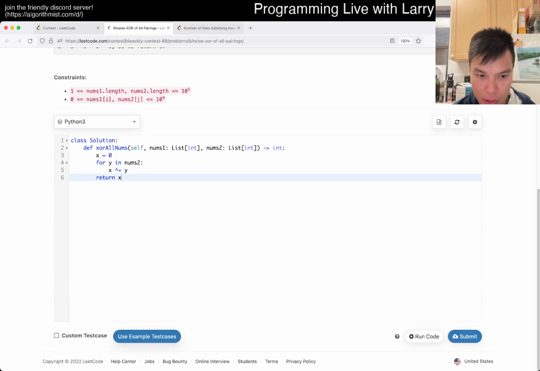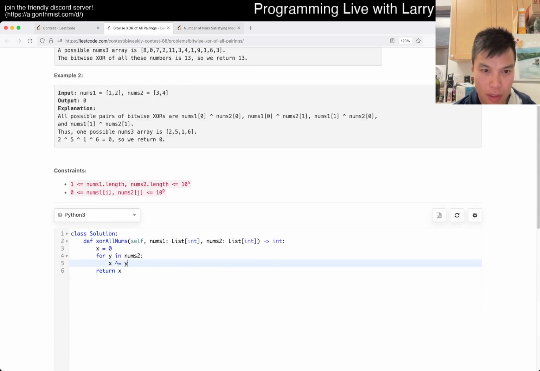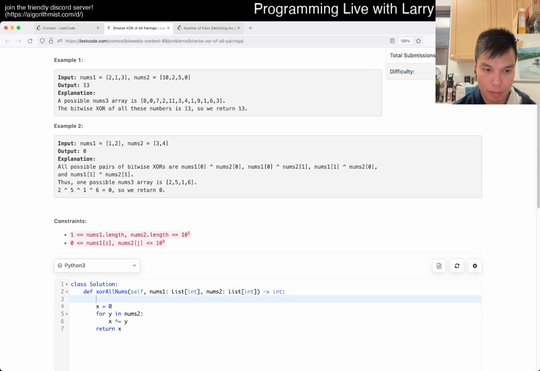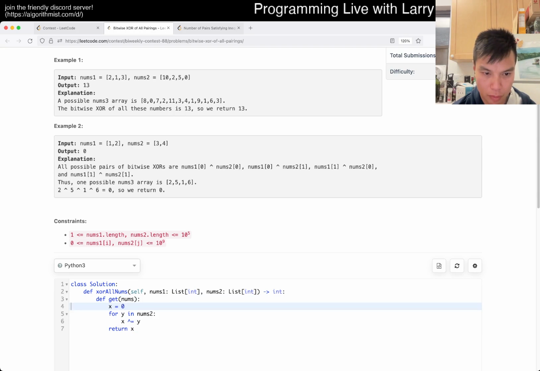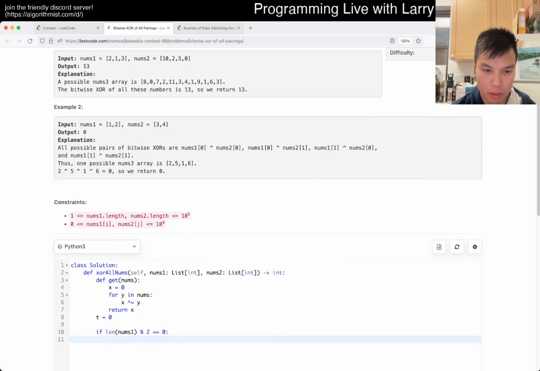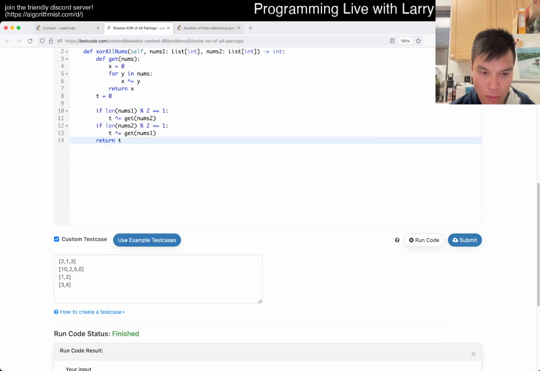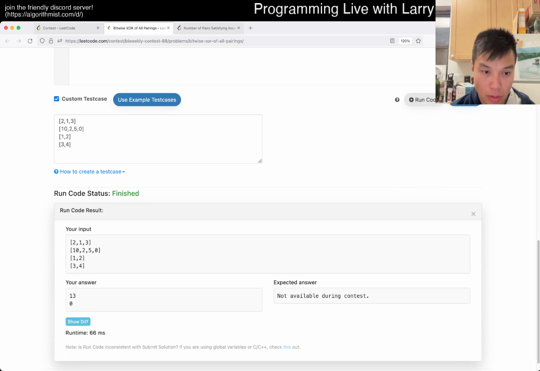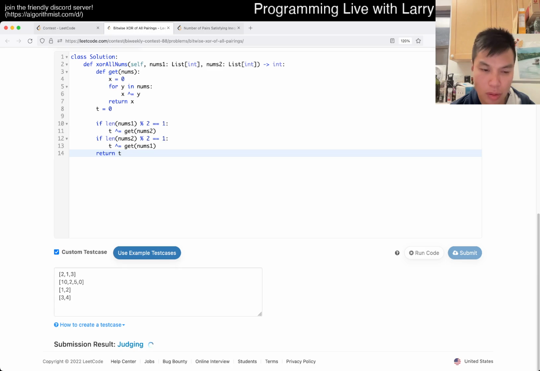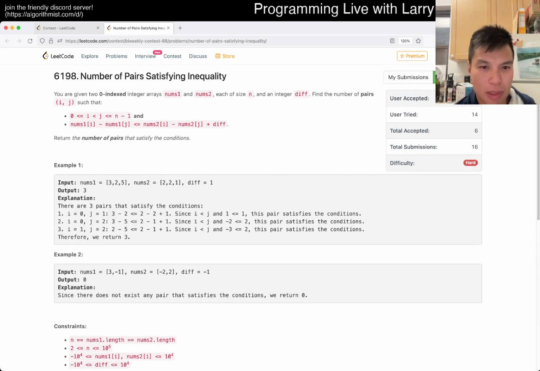I just want to check the first example, whether this is right. Okay. Yeah, then this is E. What a silly mistake.